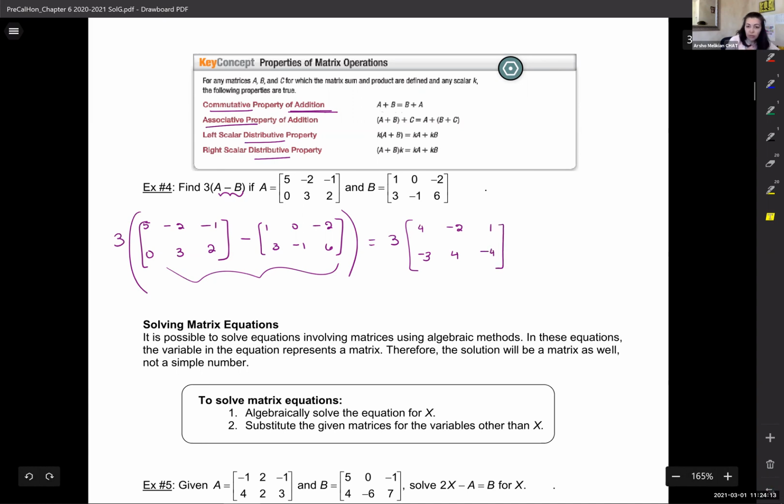You guys okay so far? And then I can multiply the 3 inside, so I get 12, -4, 3, -9, +12, and -12. Isn't the -4 -6? It is. I knew subconsciously there was something, so I paused for a minute, and then I was like, no, I'm good.